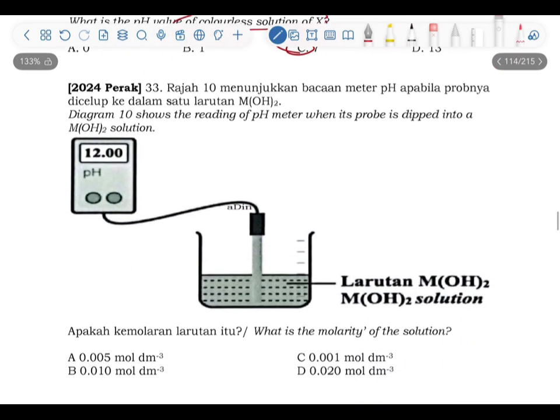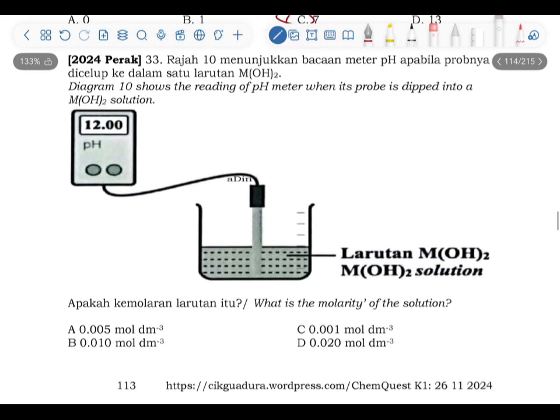Okay, next question. Diagram 10 shows the reading of the pH meter when the probe is dipped into the M hydroxide solution. So we need to calculate for that. First, let us write the equation out.